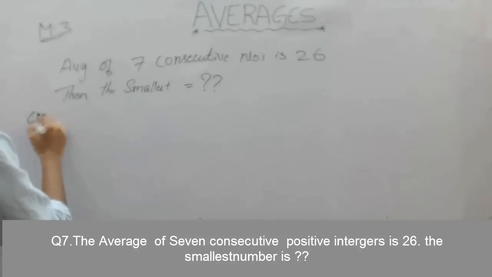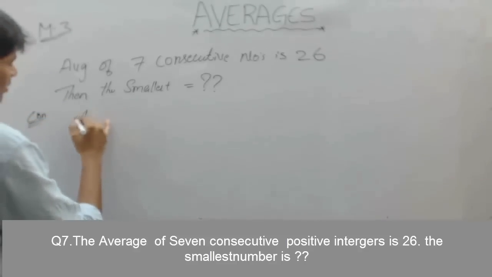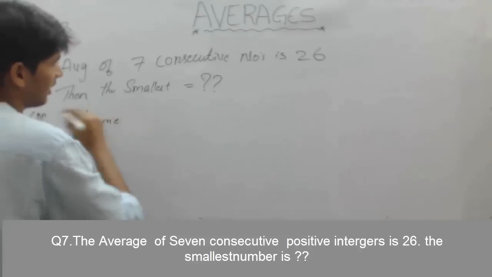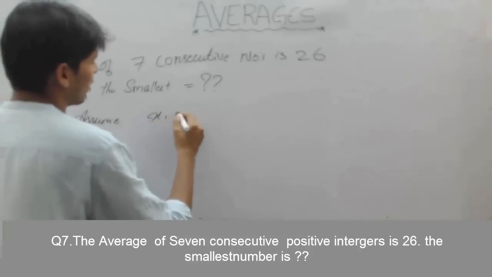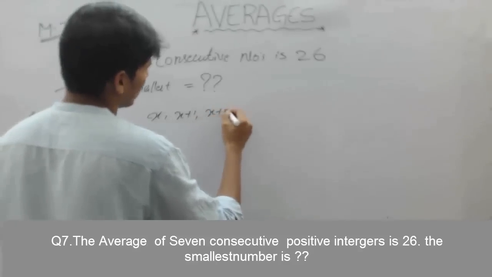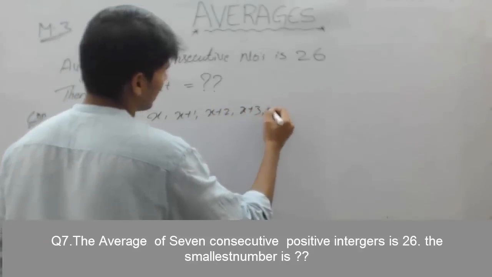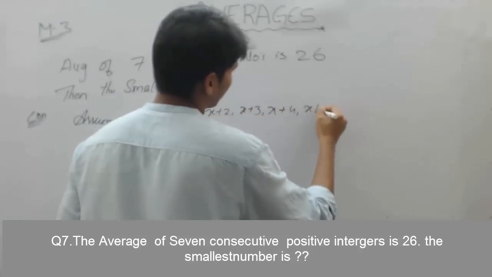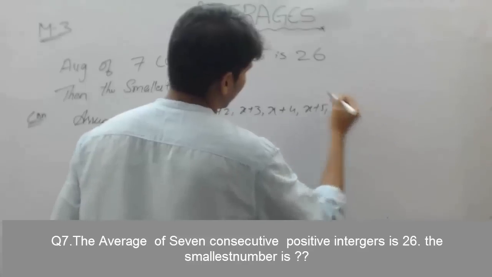By the conventional method, we assume the 7 consecutive numbers are x, x plus 1, x plus 2, x plus 3, x plus 4, x plus 5, and x plus 6.